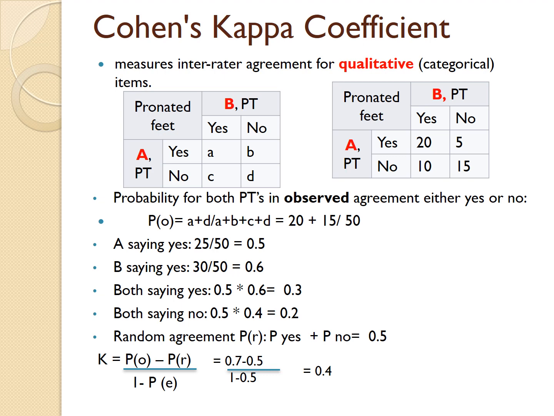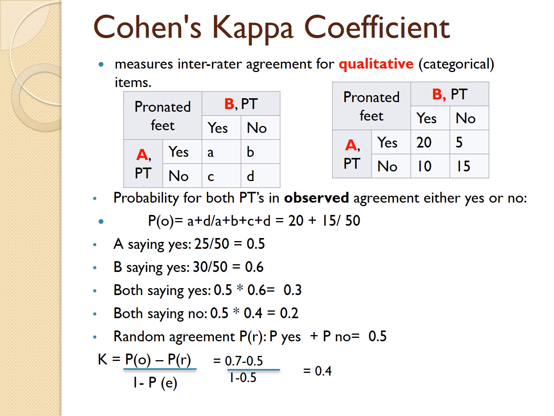So that's 20, and APT says no to 15, and BPT says no to 15. That means both are in agreement for pronation, and that's 20, and both are in agreement for not pronation for 15 candidates. So that makes a total of 35 out of 50.